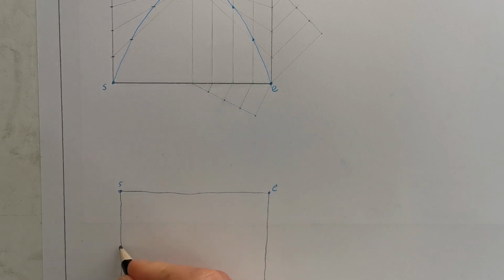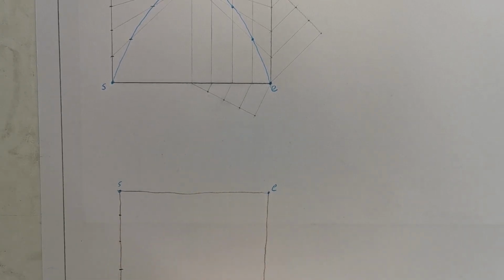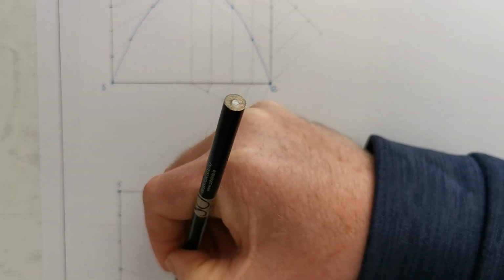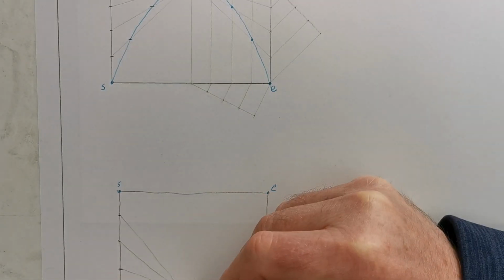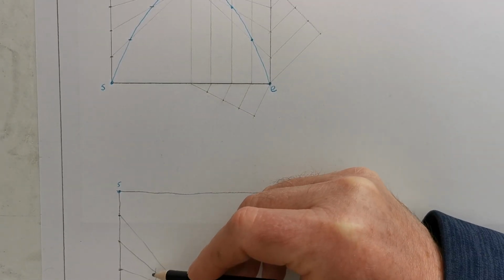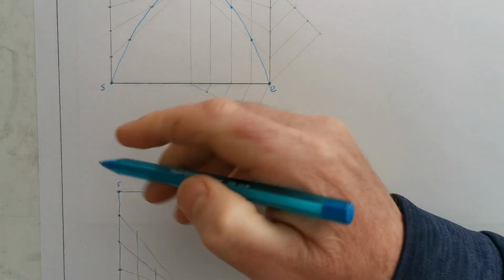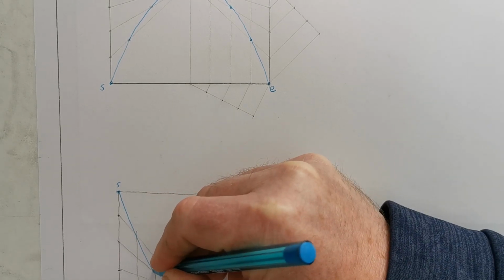So again there, you'll be doing the division of lines to work out your 4 equal distances here. So the sides go to the vertex, these just come down. So that's half our parabola.